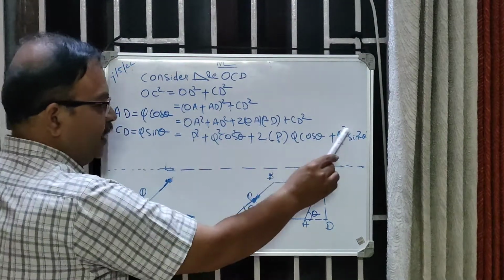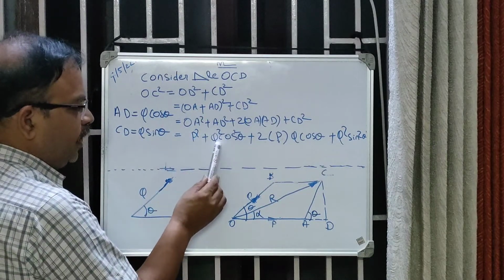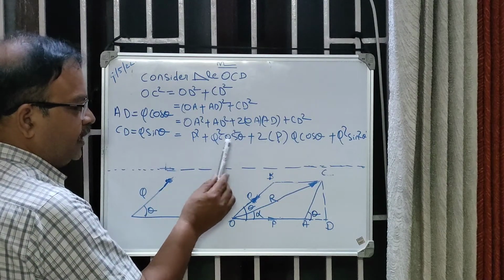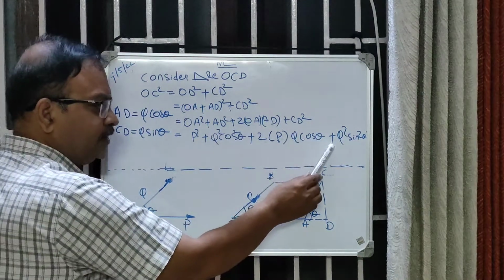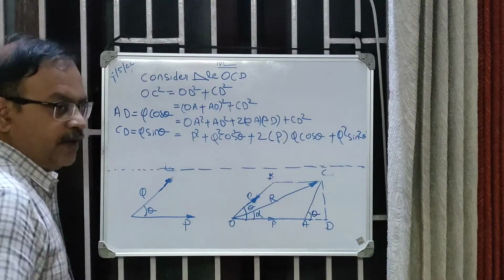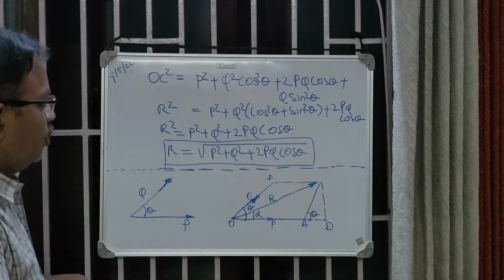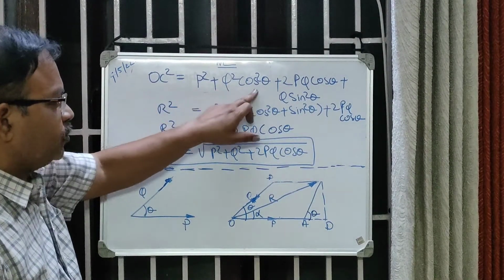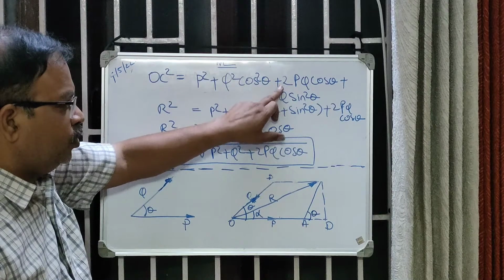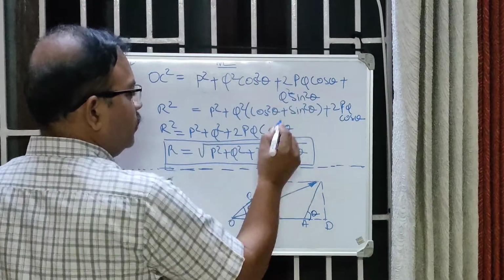Now you got this as an equation. OC square equal to P square plus Q square cos square theta plus 2PQ cos theta plus Q square sin square theta.